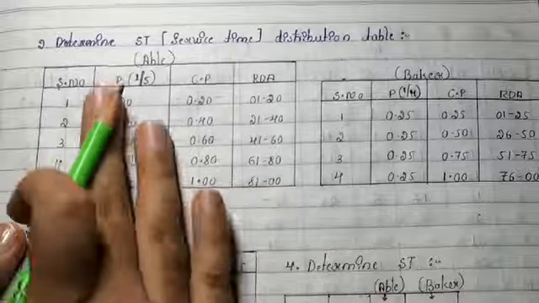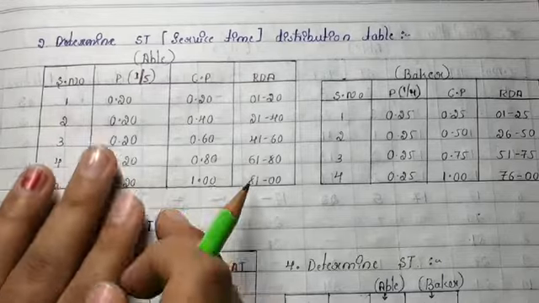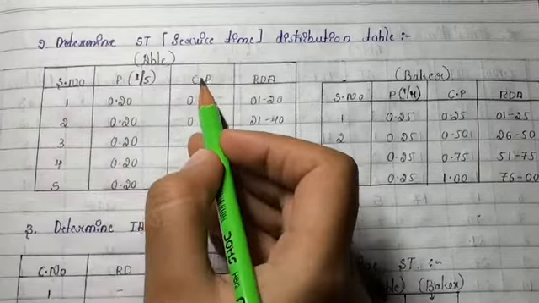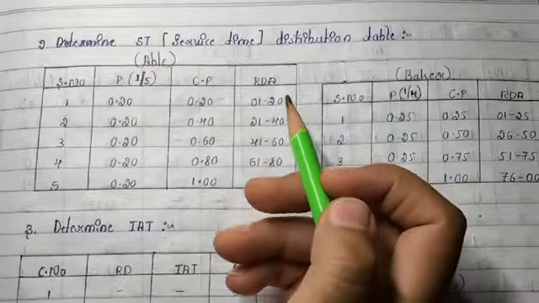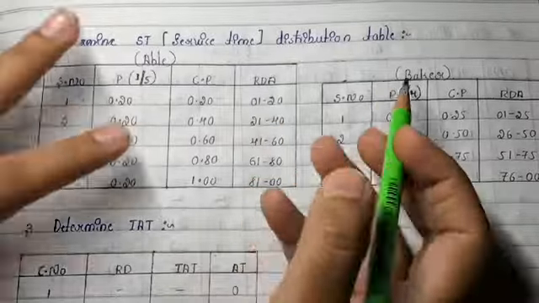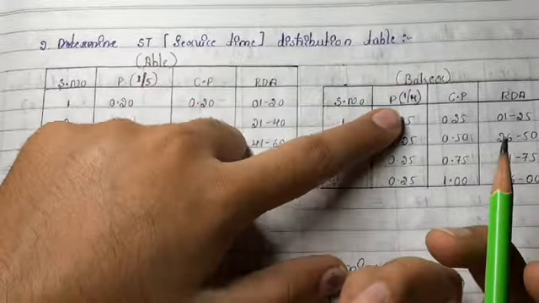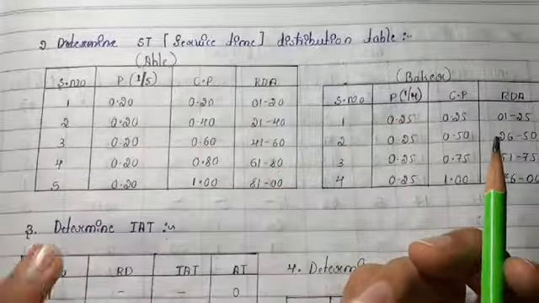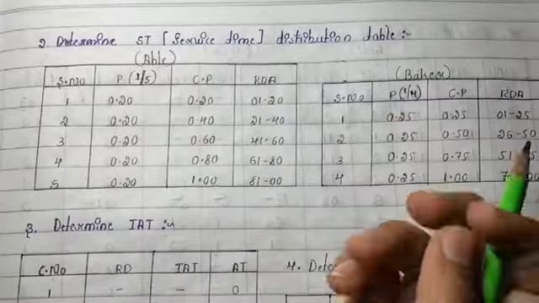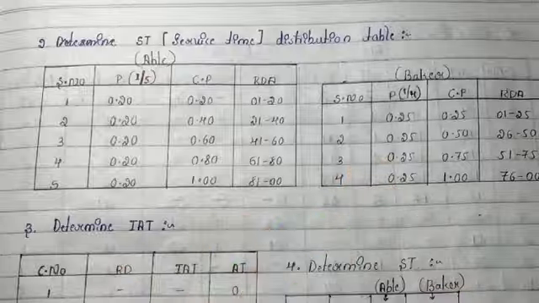So we are writing 0.20 for all the 5 customers, and calculating the cumulative probability and random digit assignment the same way as in the first step. Okay, same with Baker also, the probability here is 1 by 4, so the decimal value of 1 by 4 is 0.25, so we are writing 0.25 for all the customers.